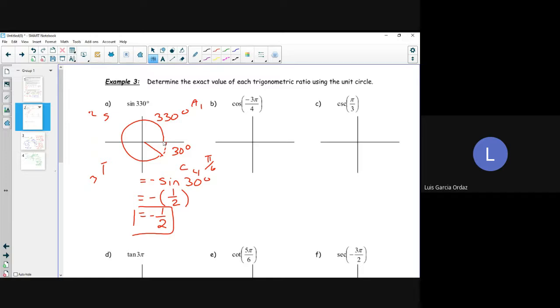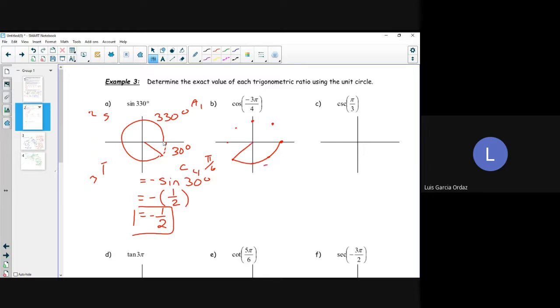Okay, so now we're going to move on to the next one. So we have cosine of negative 3 pi over 4. Okay, so we're going to divvy it up into 45-degree intervals. And because it's negative, we're going to be going clockwise. So we get 1, 2, 3.